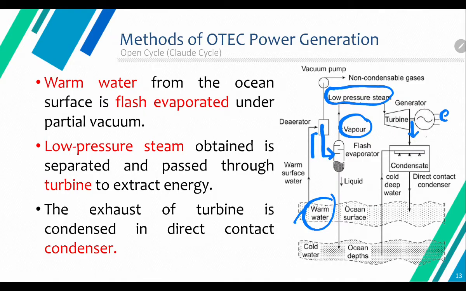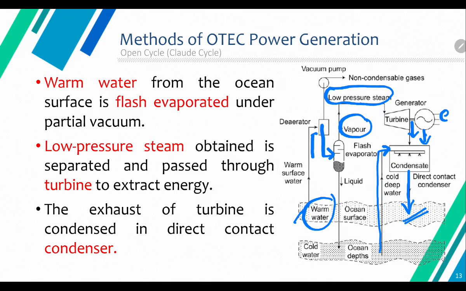The steam from the turbine is directed to the condenser, and colder water from deeper in the ocean is given to the condenser so that it can condense the incoming steam. The condensed water, in liquid form, is put back into the ocean.